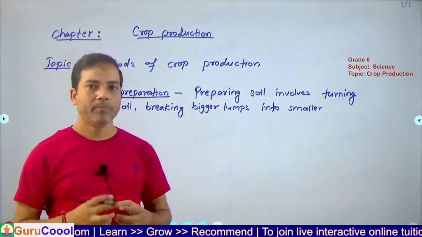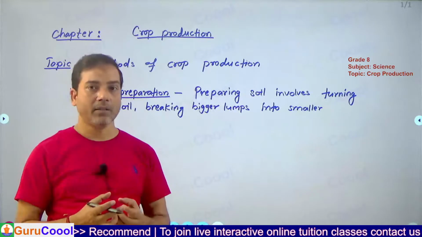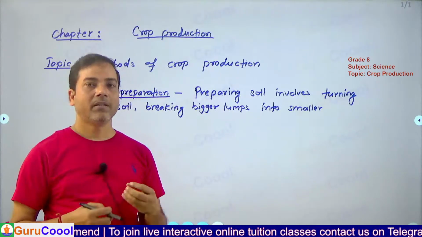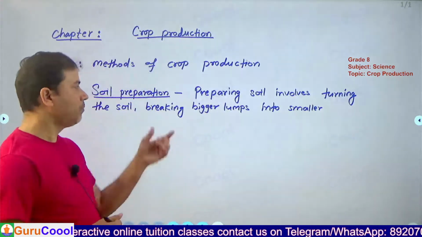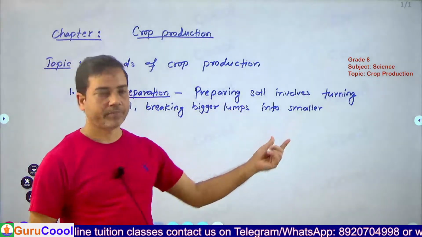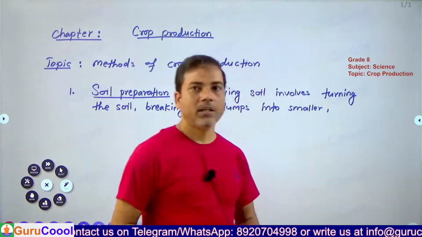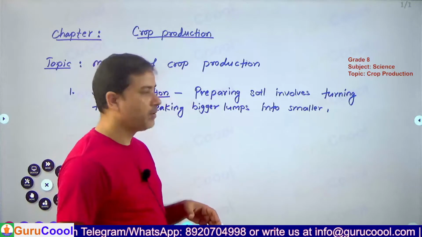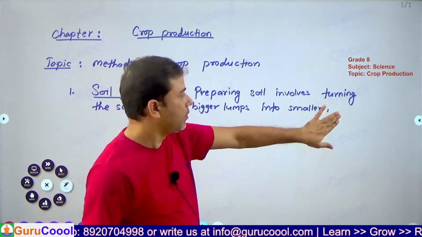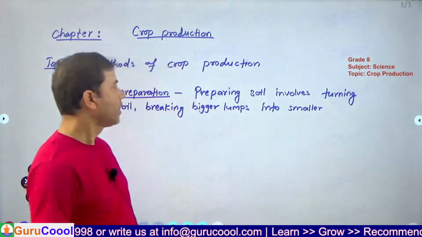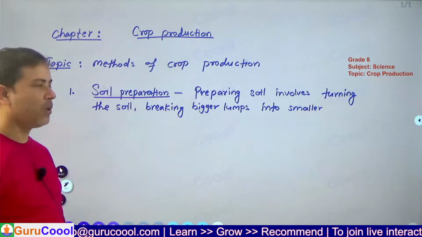If the soil has made a bigger lump and it is hard, you will get a very bad result after sowing the seed. So you have to break it into smaller pieces. After that, you have to add some manure into it.